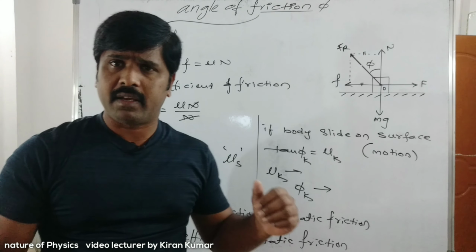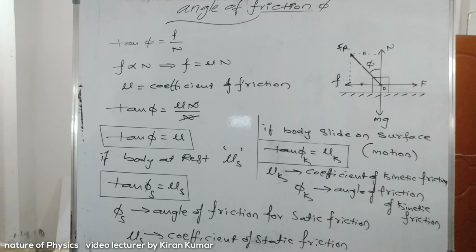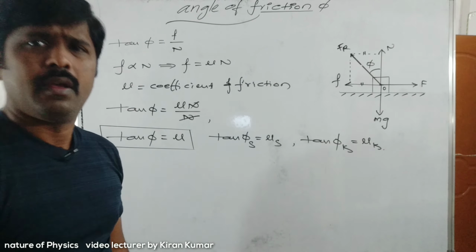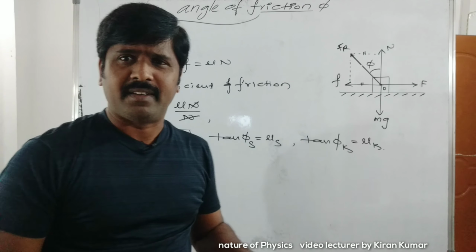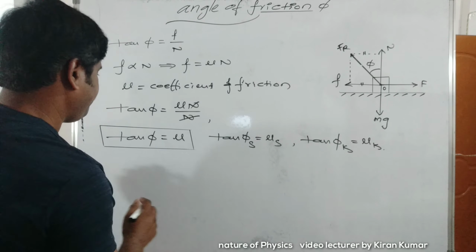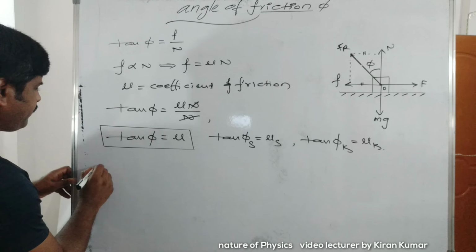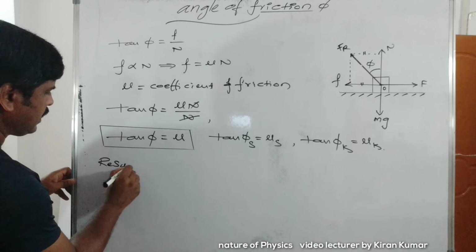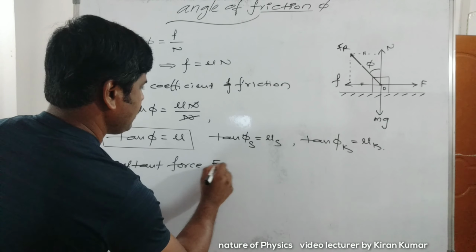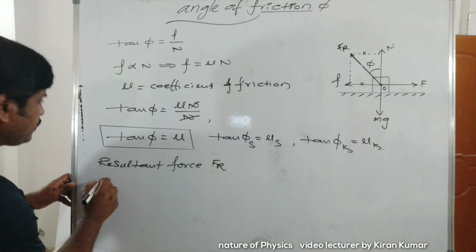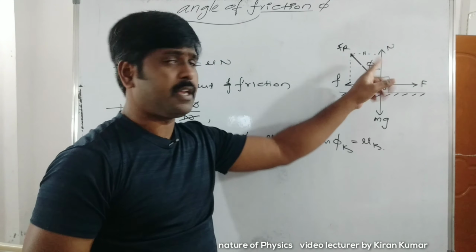Then just a second, I will clean the board. Now I am going to find the resultant force. From the diagram, the resultant force: diagonal square is equal to side square plus side square.